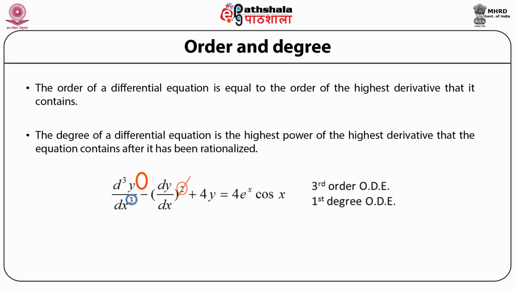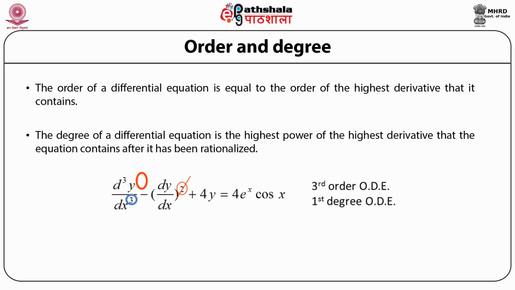Now the order of this equation is defined by the denominator. Which of the terms differentiates more number of times? The first term is dx cube. The second term is dx whole squared.